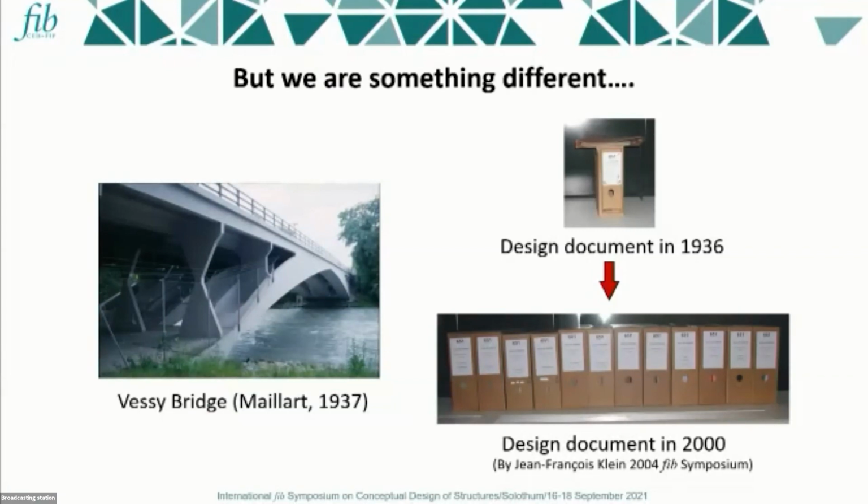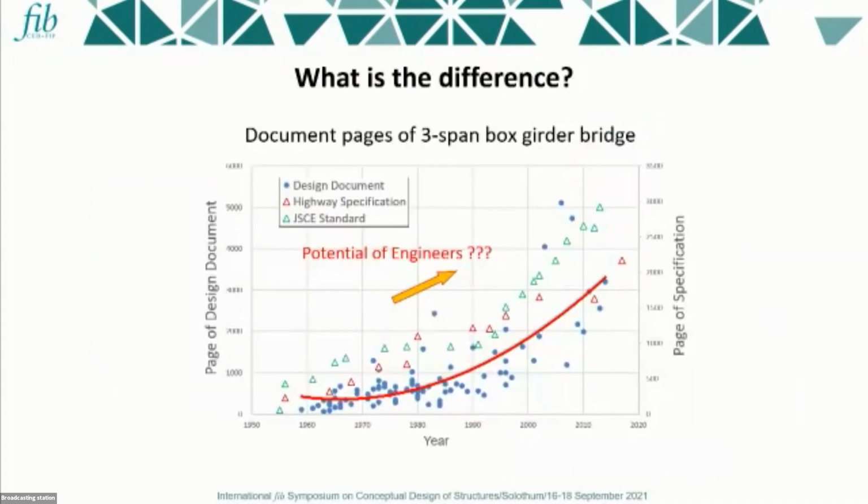Of course, it was calculated by hand. But in 2000, the bridge was strengthened by the present code, which has many, many documents, as you can imagine. After this, I confirmed this tendency in my own company. I entered the company in 1980.